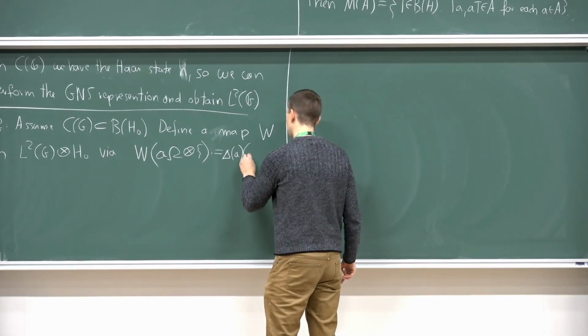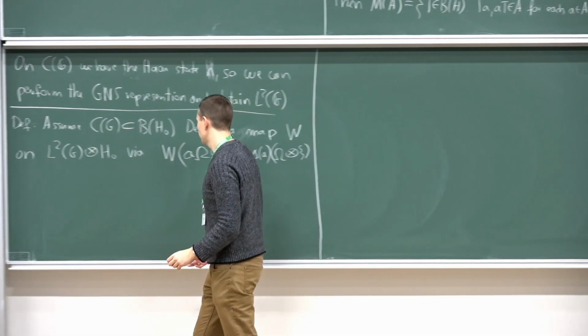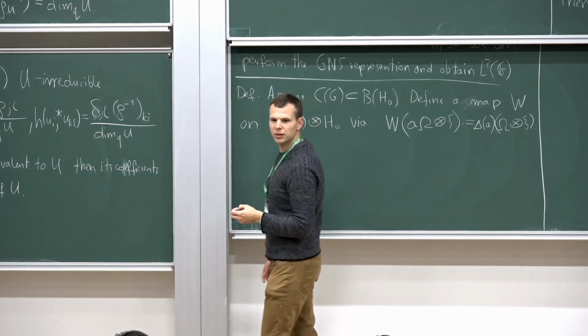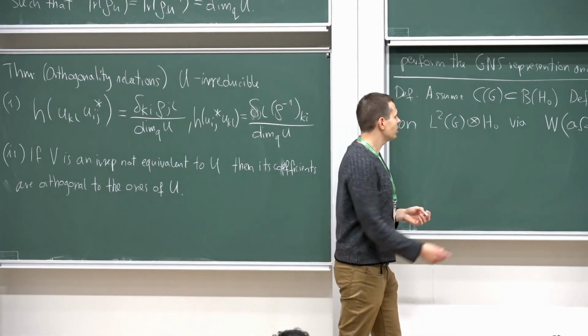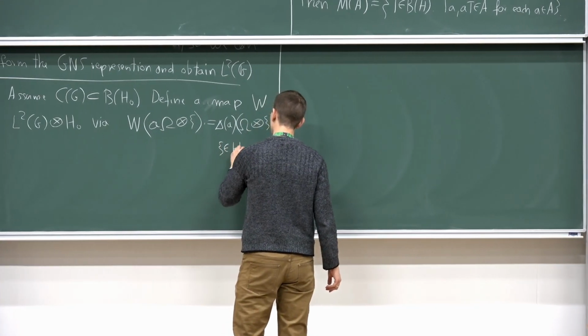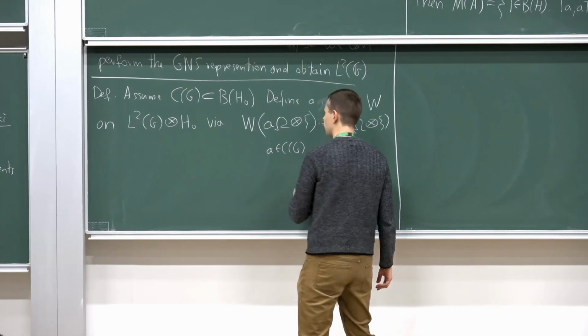We apply this to omega tensor psi. So this is the definition. Psi is just a vector in H0, and a is in C(G).